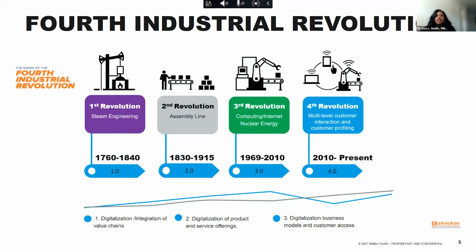Up until this point, innovation was more about building efficiencies in transportation, energy, and physical assets to enhance economies of scale in production environments. Then in the late 1960s into the early 2010s, an era most of us recognize, was the computing, internet, nuclear energy revolution.